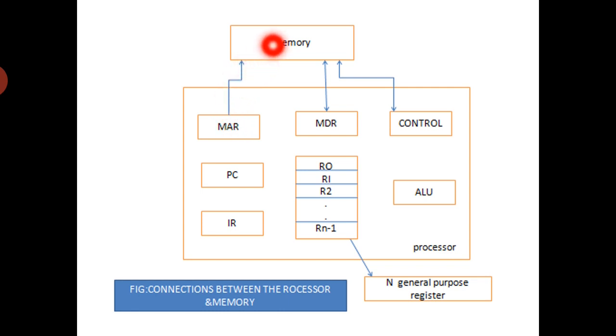During this process, the program counter is updated at some point with the address of the next instruction to be executed. This is how the data is transferred from memory to the processor.